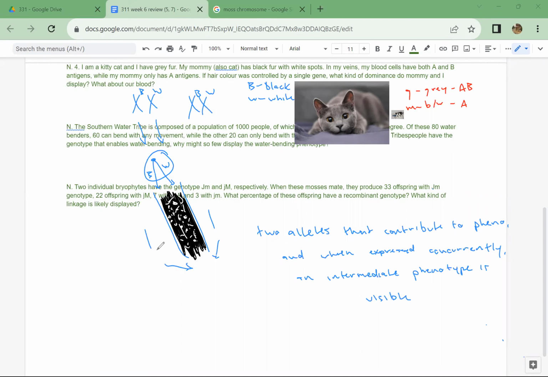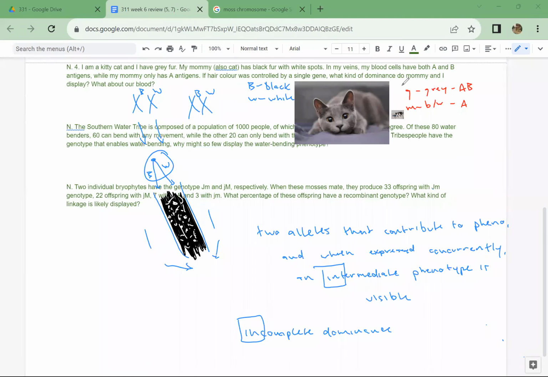And so just like a little bit of black and a little bit of white makes for gray, when we see an intermediate phenotype that results from the tandem expression of the black and white, two opposite alleles, this intermediate phenotype is the result of incomplete dominance. So we have intermediate, incomplete, codominance, coexistence. And those are the kinds of dominance that are going on with my mother and I's hair color.